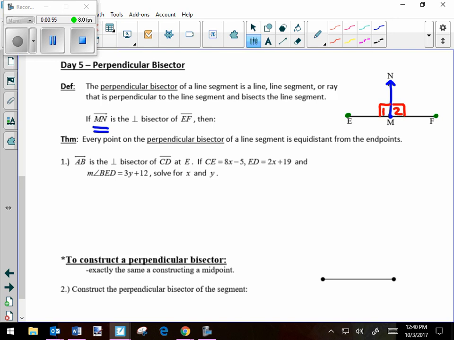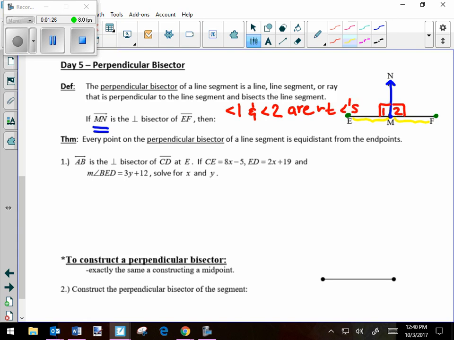The other part that we know is that the two segments that segment EF is split into will be congruent to each other. So in other words, the part that goes from E to M and the part that goes from F to M will be congruent to each other. So if I'm going to write that information down, I can say that because I have a perpendicular bisector, I know that angle 1 and angle 2 are right angles.